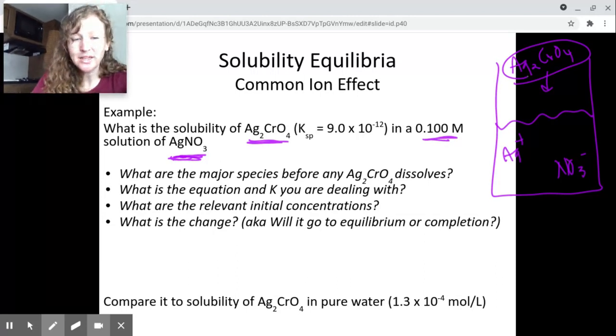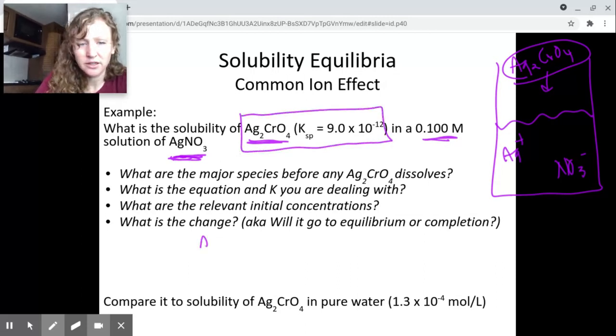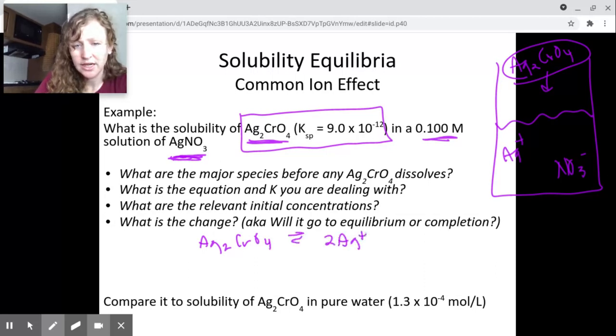Okay, so let's write out this reaction. Ag2CrO4 dissolves into 2 Ag+ and CrO4 2-. We're going to have a 0.1 molar solution of AgNO3.